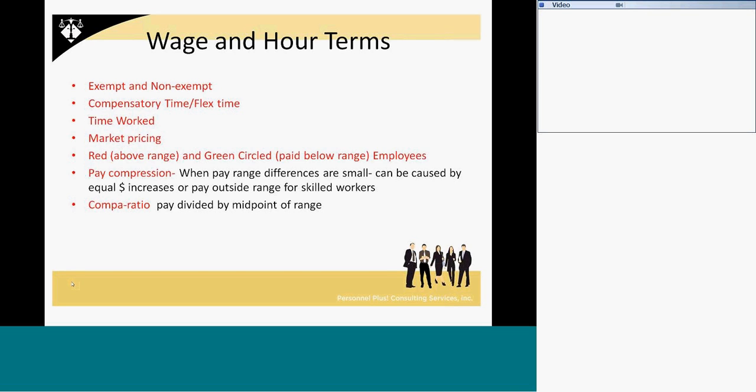The 785 regs define what activities are time worked. So that's where you find rules related to things like whether or not participation in training is time worked, whether or not travel to and from work is time worked, about coffee breaks and meal periods and working without permission and all those sorts of topics.